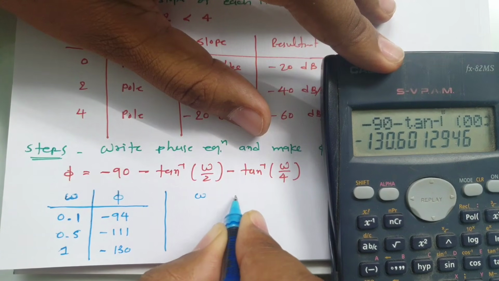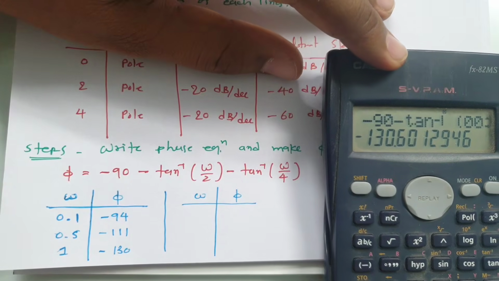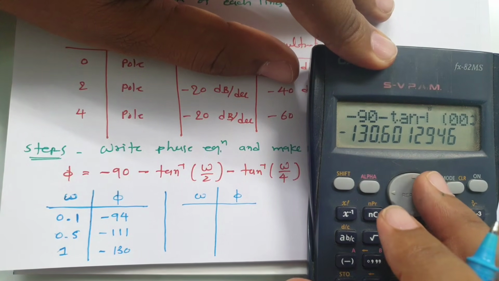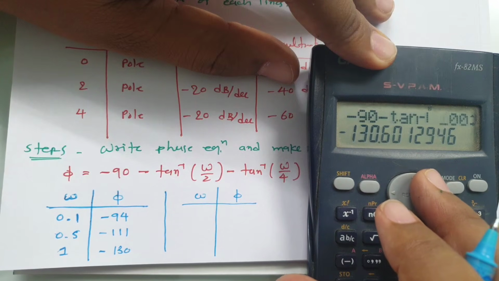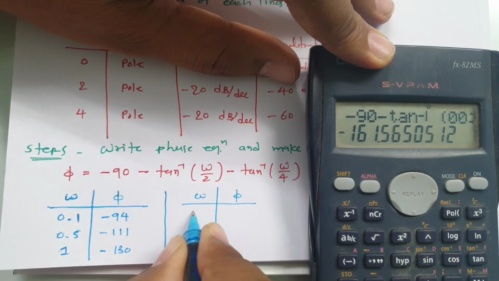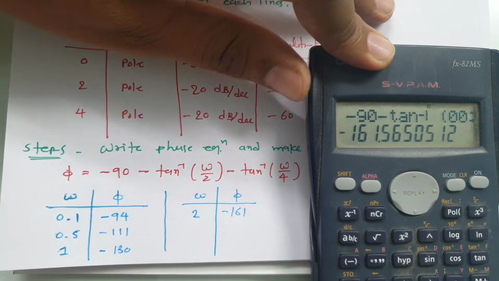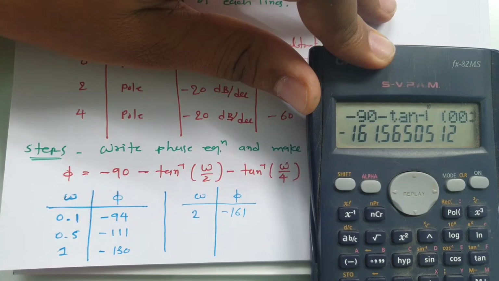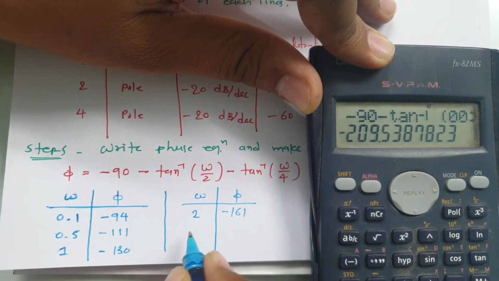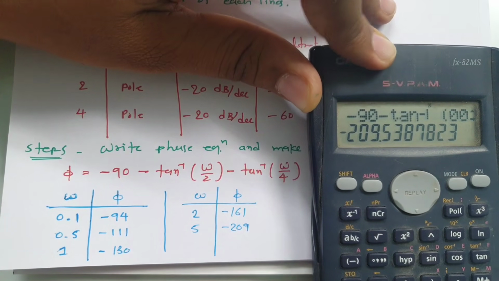Now I need a few more values of omega to have proper plotting of phase with respect to frequency. So let us say omega equals 2. For omega equals 2, the phase is minus 161. Then for omega equals 5, the phase is minus 209.